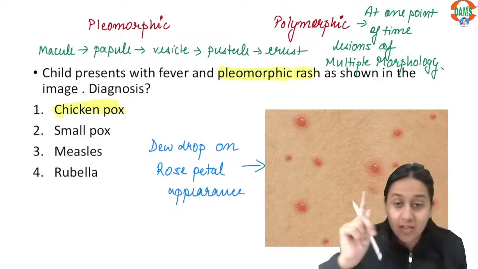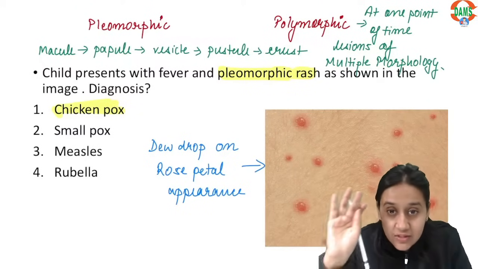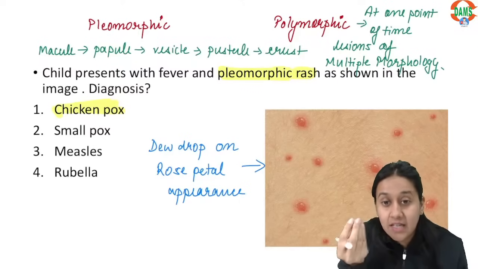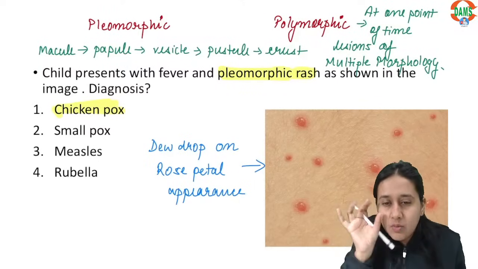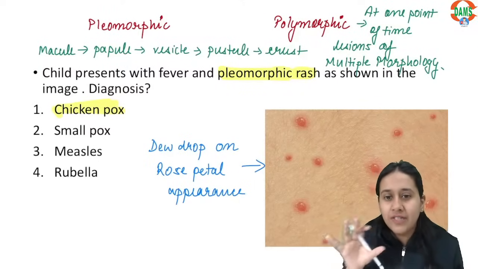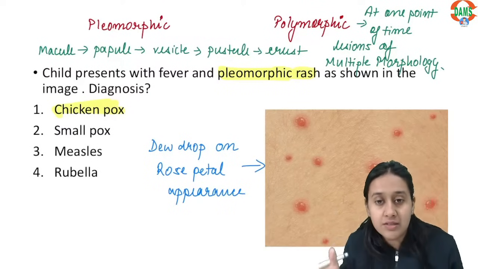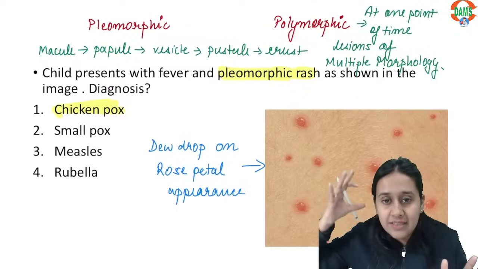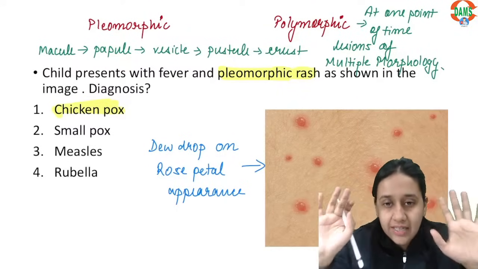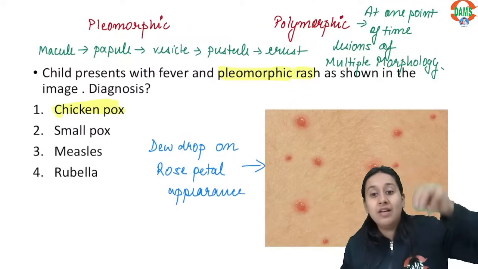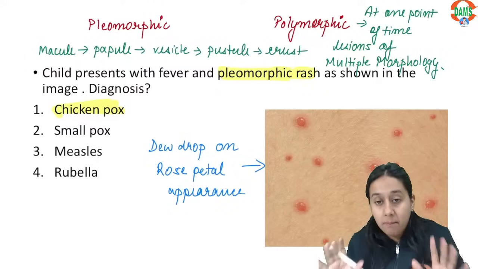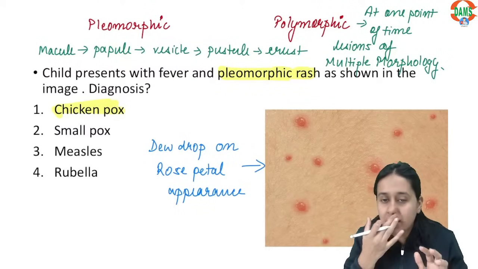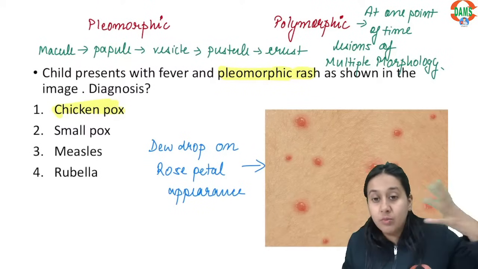This is not umbilicated, no. So please do not get confused. Yes, you are absolutely right that the vesicles can be umbilicated, but we are keeping the word umbilicated for molluscum, because in molluscum you develop a dome-shaped papule with central umbilication. I totally agree with you that these vesicles can also have umbilication on their top, but for describing them, we never use this word because otherwise you can get confused with molluscum.